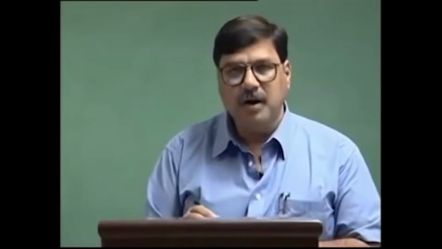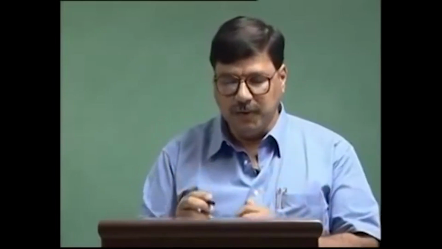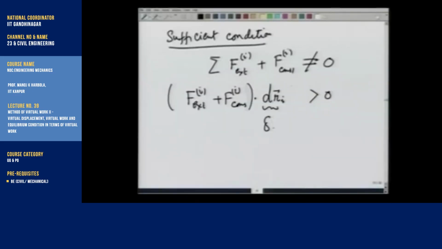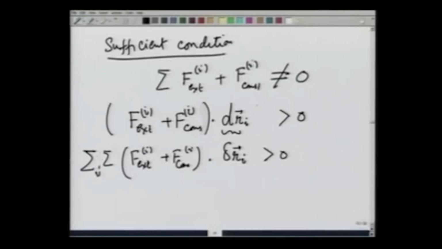However, now in virtual work I can imagine the system being displaced virtually by delta Ri. So, F external i plus F constraint i dot delta Ri will also be greater than 0 for each particle. If this is greater than 0 for each particle, the summation over i would also be greater than 0. So, the work cannot vanish.